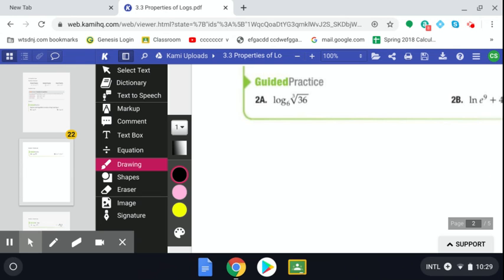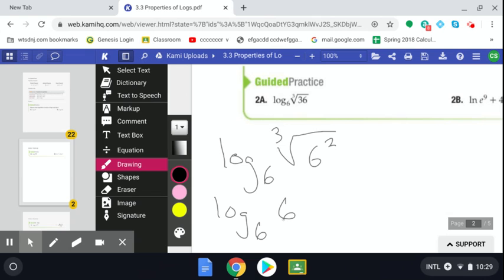Why is that important? Because I'm hoping that somehow I'm going to get a log base 6 of 6 to cancel out. So now I have log base 6 of the cubic root of 6 squared. Now I am able to rewrite that cubic root as a rational exponent. So now I have log base 6 of 6 to the 2/3. And this is just what I was hoping for, because you learned in 3.2 that this goes away, and my answer is simply 2/3.